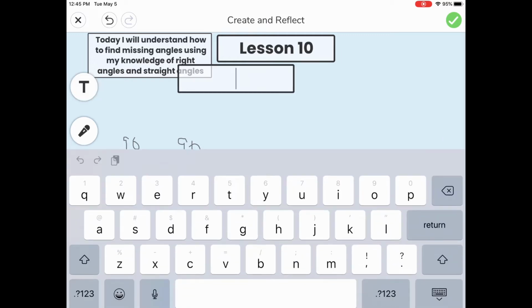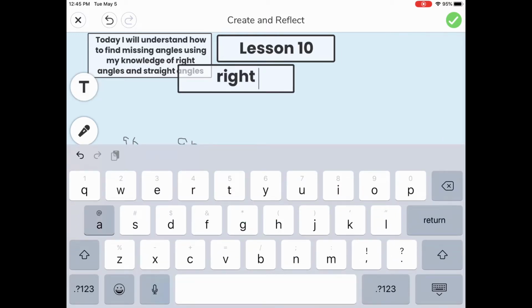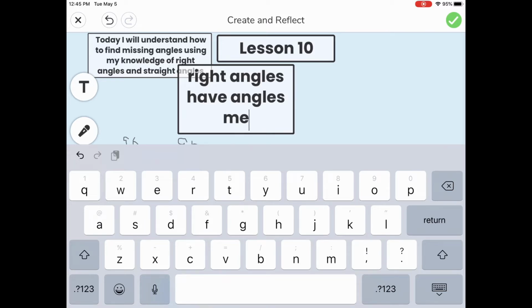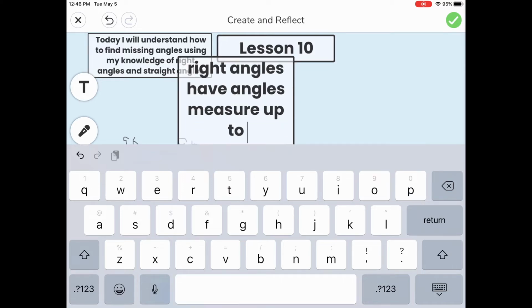Right angles have angles that measure up to 90 degrees. So they are 90-degree angles.